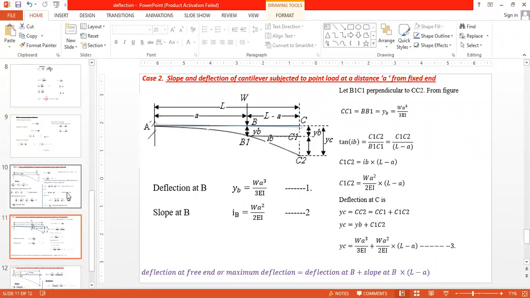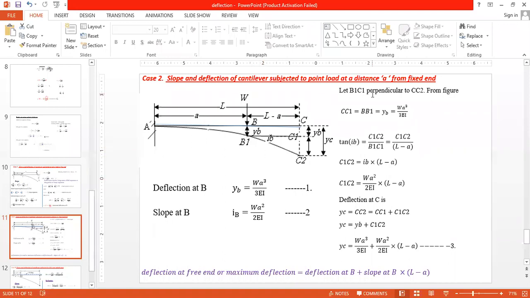The deflected curve you will get up to here, and from the load it will be straight. You can do the experiment: fix one end of a wire, apply the load at some distance, and check the deflected curve. You will get the deflected curve up to here, and from here to here it is straight.